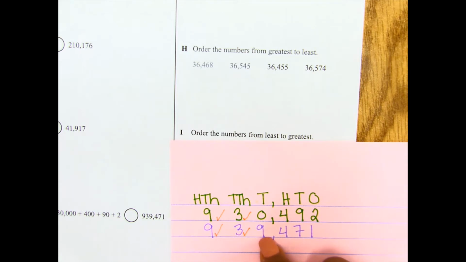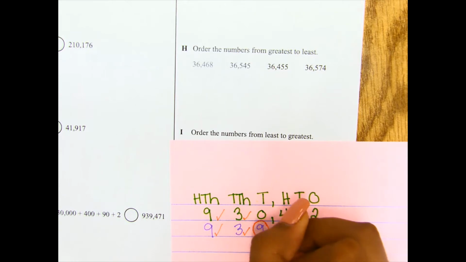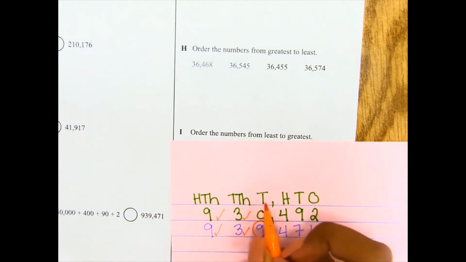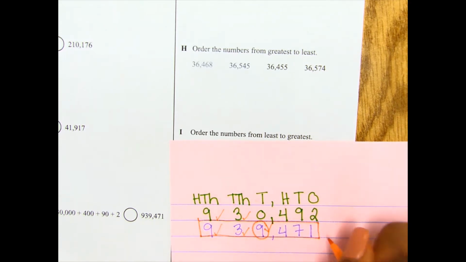No. One is greater than the other. Which one would you say is greater? 0 or 9? Perfect. 9 is greater. So I'm going to circle 9, put a check mark because that's where I stop. I already know, just with this one in my thousands place, that this is my greater number. So this is greater than.